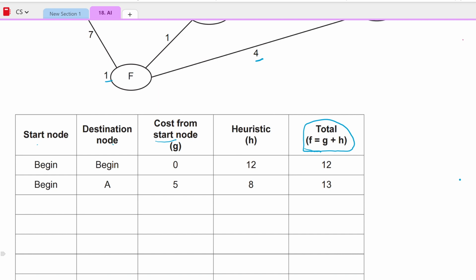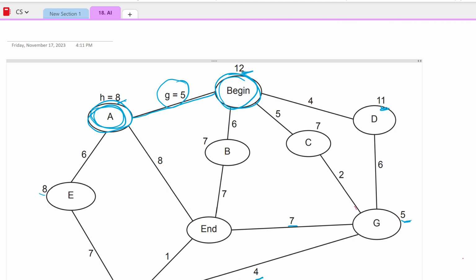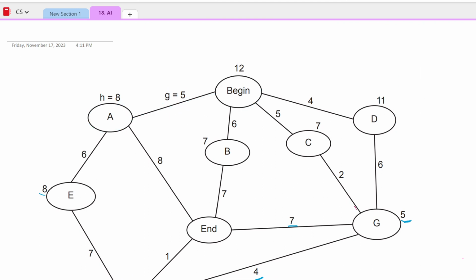Now the first two rows are already done. We have the beginning node, begin over here, and as you can see, we'll follow the same kind of algorithm that we used in Dijkstra's. We have to go from node to node. We are going to look at all the nodes connected to a specific node, and see which have been processed.